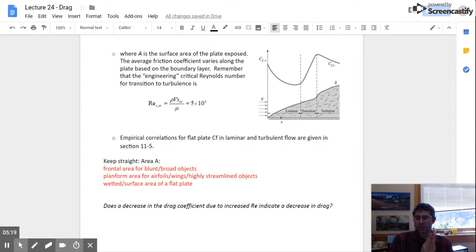The answer is it could, but when we increase the Reynolds number, we're increasing the velocity, and the drag equations that we've talked about are proportional to velocity squared. So as velocity goes up, it increases the overall drag, even though the drag coefficient is decreasing due to increased Reynolds number.